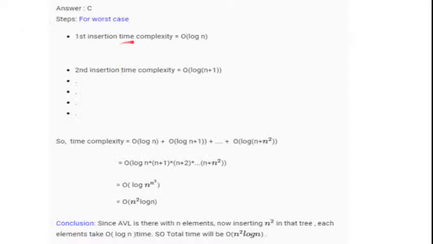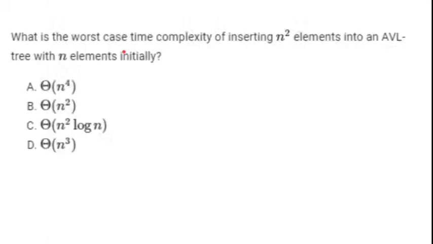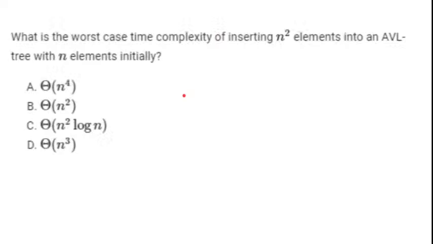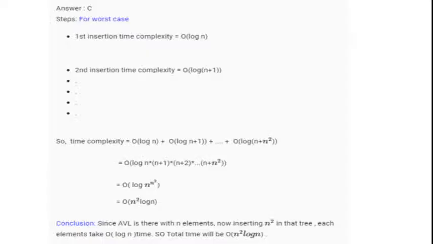The insertion time complexity in an AVL tree is O of log n. The second insertion is O of log n plus 1.